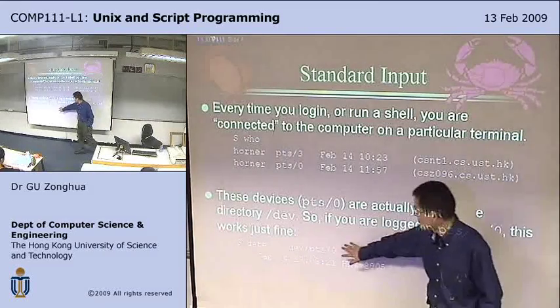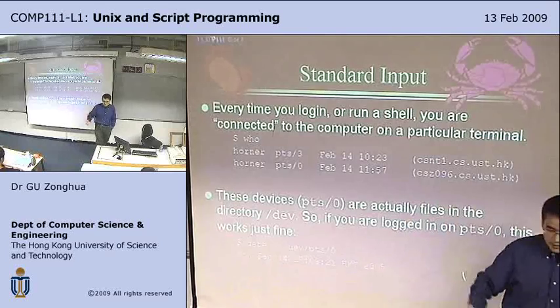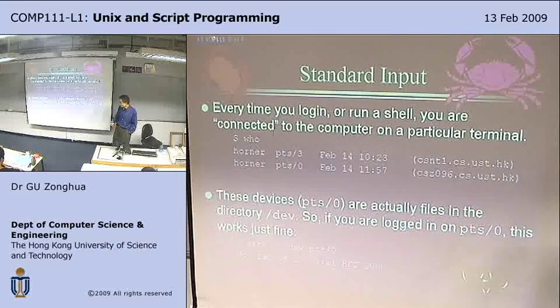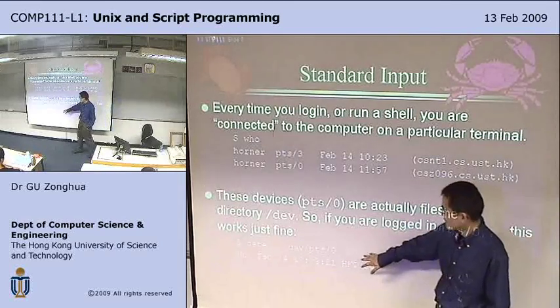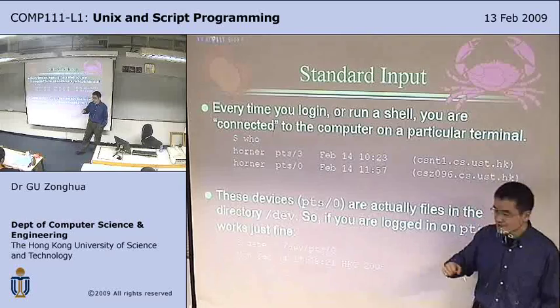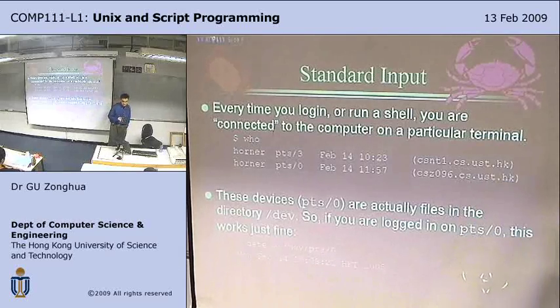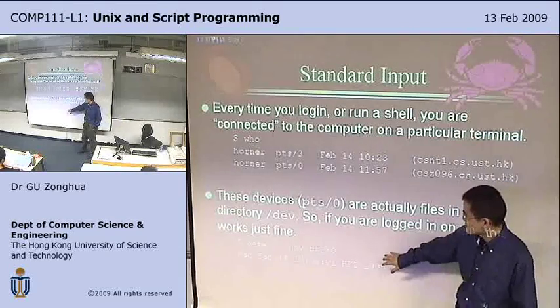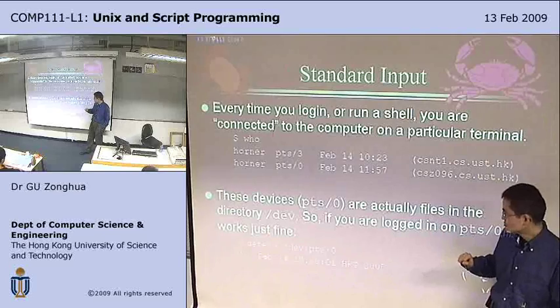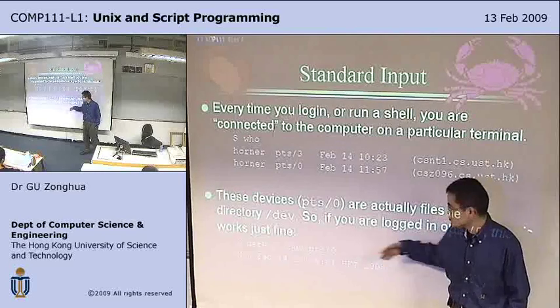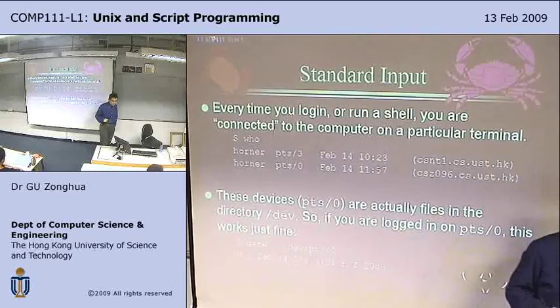This is a file, but it's actually your display. Normally, if you say date redirection to a file, you don't see anything because the information goes to a file. But here, this is a special file. It's actually your display. So you actually see the output from the date command on your display.